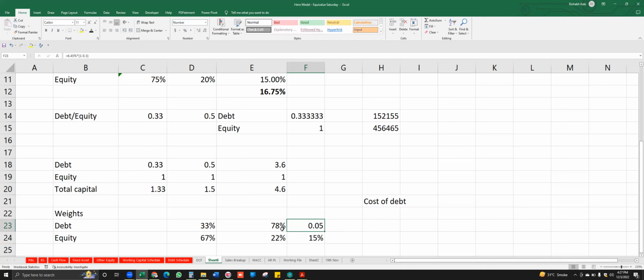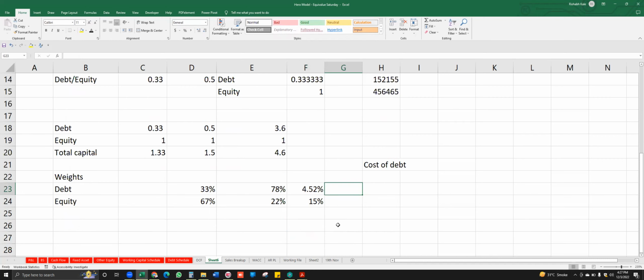Can you find that? What to do? How to find back? Which are the weights? Which are the weights?